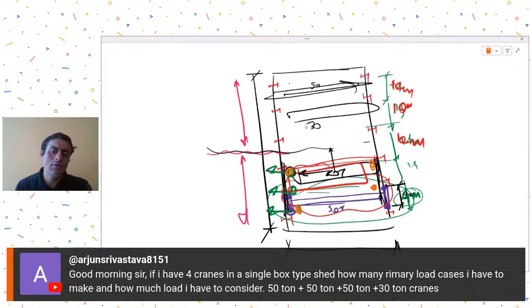So accordingly, you need to sit down and come up with the various possibilities, but keep in mind these inputs that I have just given while deciding the number of load cases. Okay. All right.